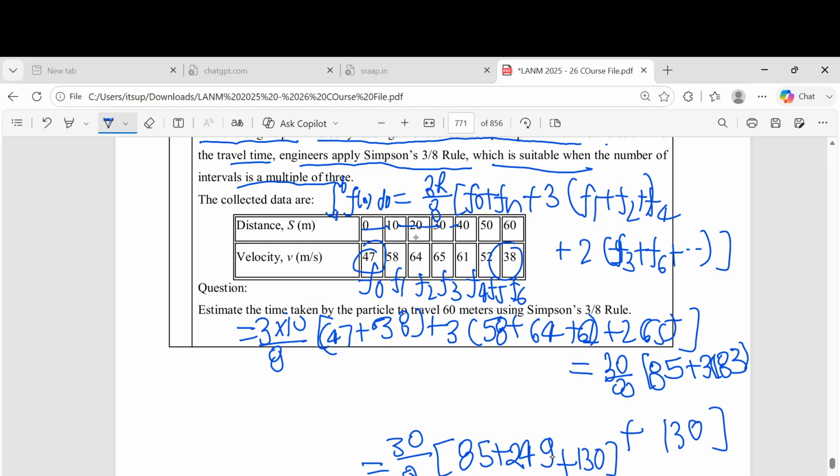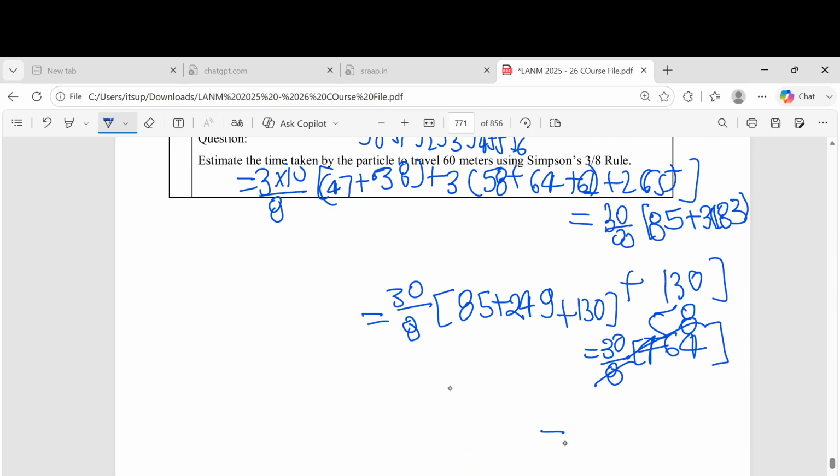So this is 30 and 58. So this is your answer.